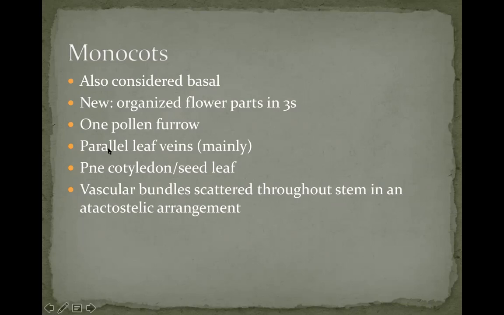They also have parallel leaf venation for the most part, so their veins do not branch out often. They have one cotyledon, or one seed leaf, that is produced when the seed germinates, and then their vascular bundles are typically going to be arranged in an atactostele arrangement. So that means that their vascular bundles are kind of randomly arranged. There is no true central pith, unlike with eusteles.